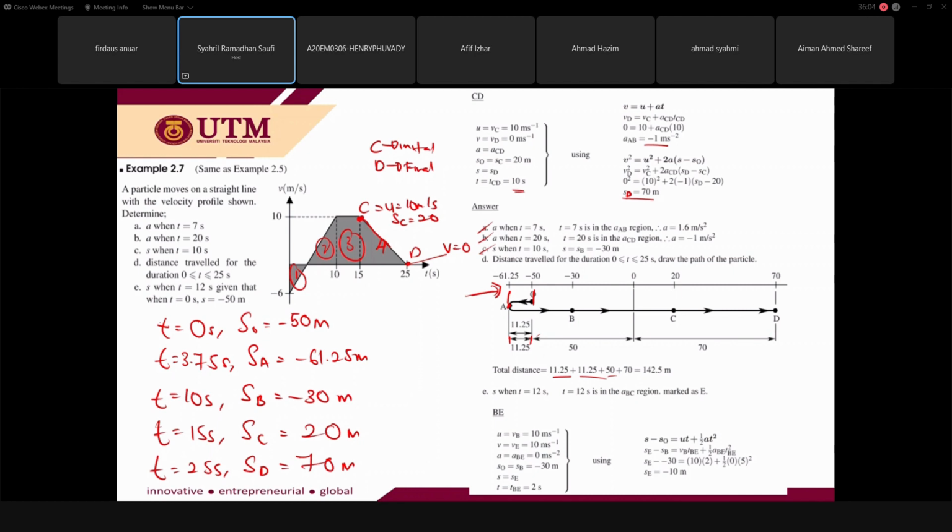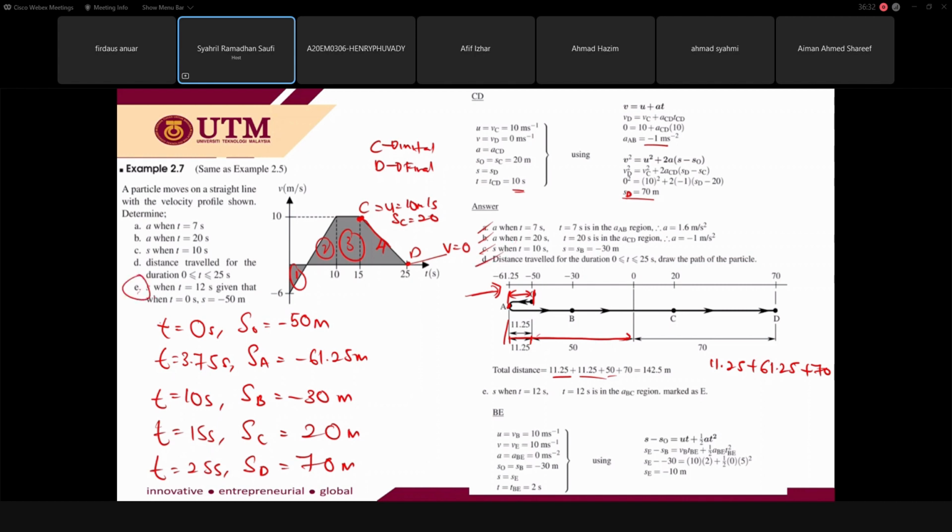Usually I will directly use 11.25 plus 61.25 plus 70. But the answer is still the same. So this is for question D.